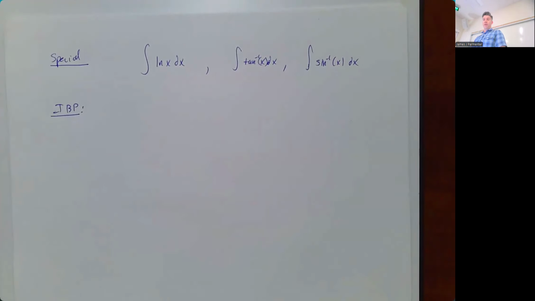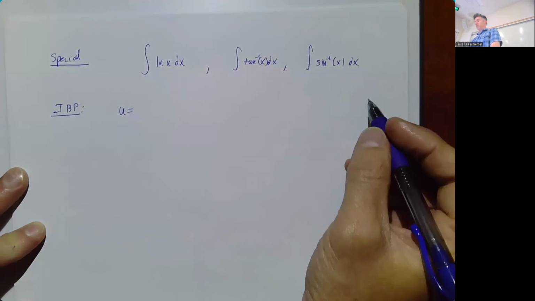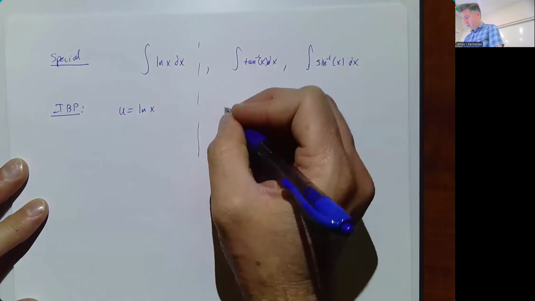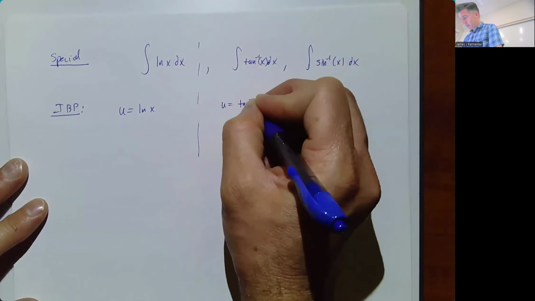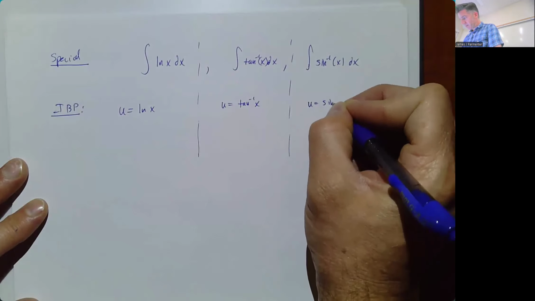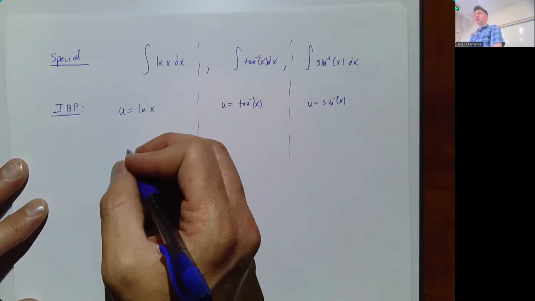And you only have one choice. You really have no choice here, right? There's only one thing you can do. You can let u equal the thing that's in the integral, either the natural log of x, or the inverse tangent of x, or the inverse sine of x. And then your dv has to be the dx part.